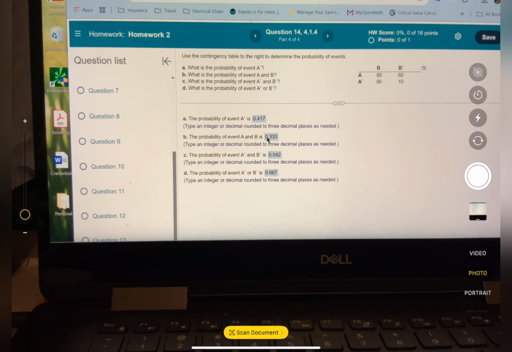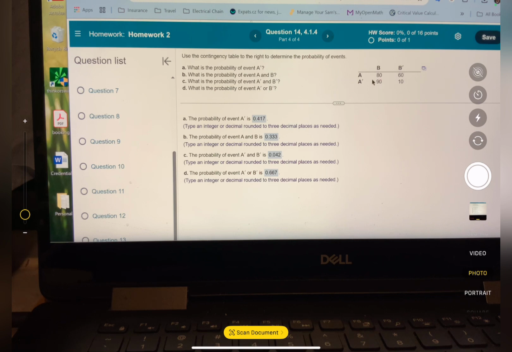Next, the probability of event A and B. What is the probability of event A? Here it is 80, right? B is in the column, A is in the row. So A and B is going to be 80.